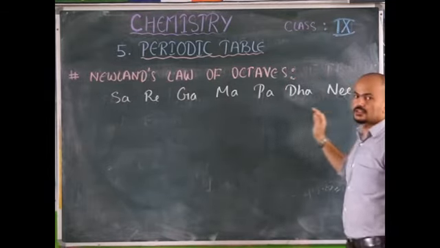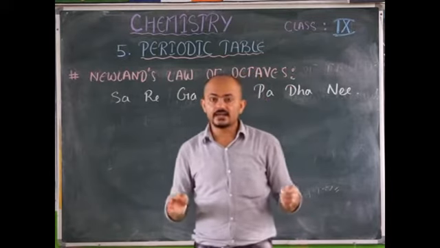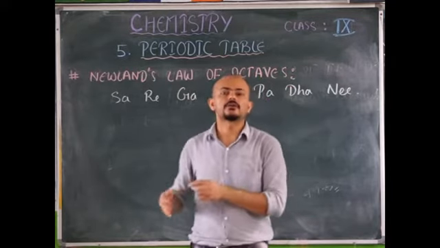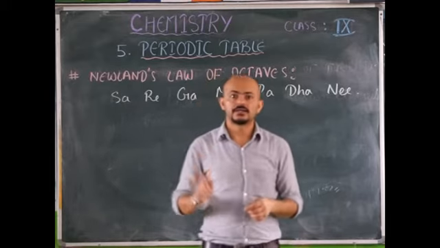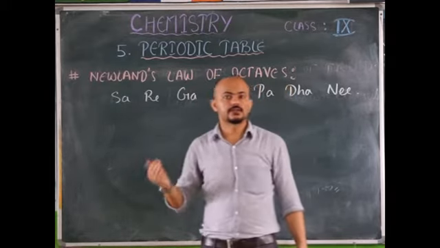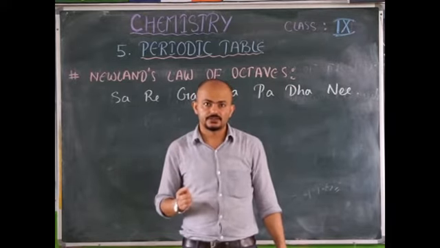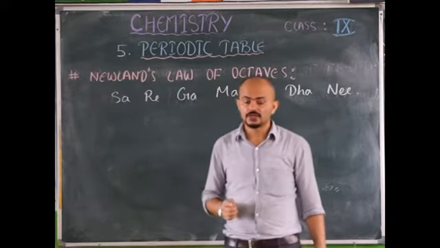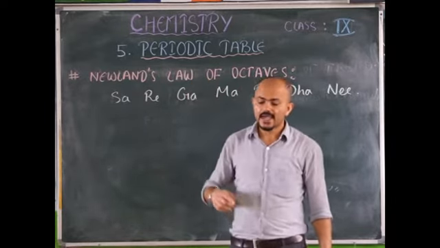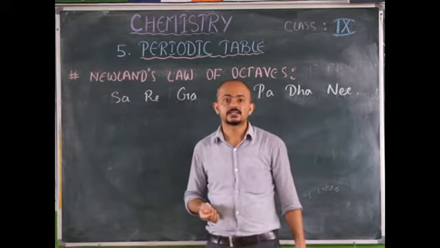Now, according to Newlands, he told that when elements are arranged in increasing order of their atomic masses, remember atomic masses, the properties of every eighth element starting from any element are a repetition of the properties of the starting element.